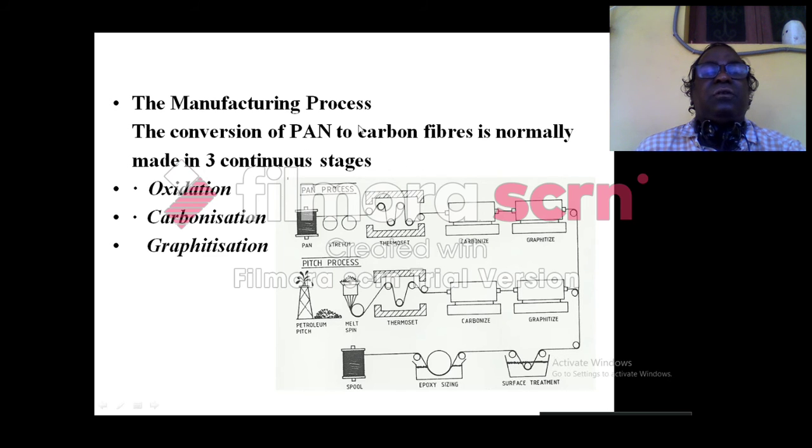We can also convert PAN into carbon fiber. Conversion of PAN to carbon fiber is normally made in three continuous stages. PAN is the material that is converted into carbon fibers.